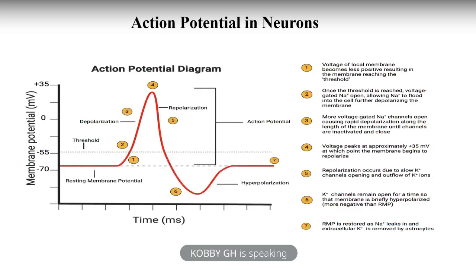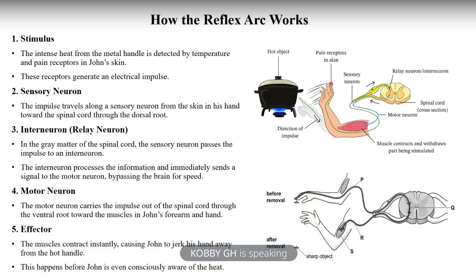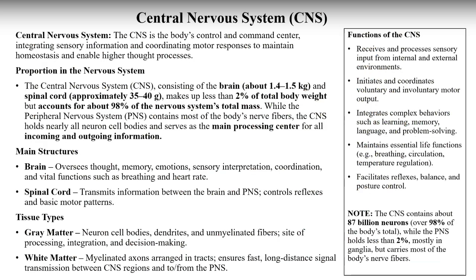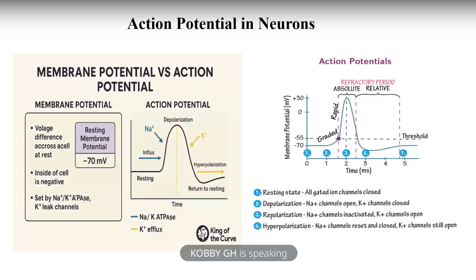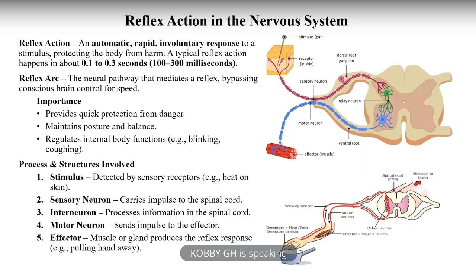Quickly, let's go straight to what we are supposed to cover. We also look at reflex action. Reflex action is another very important aspect of nervous system anatomy you have to know.